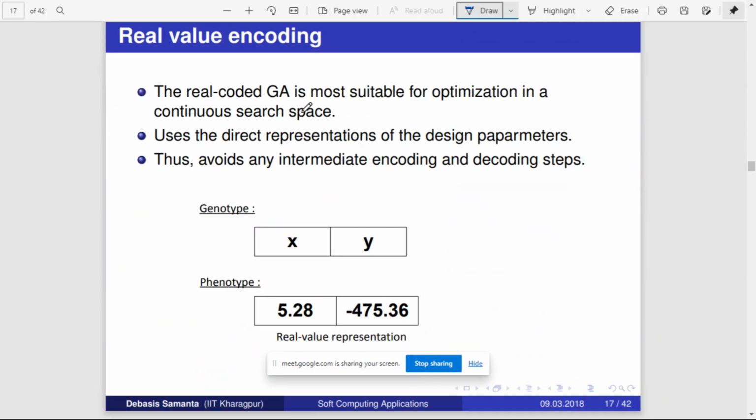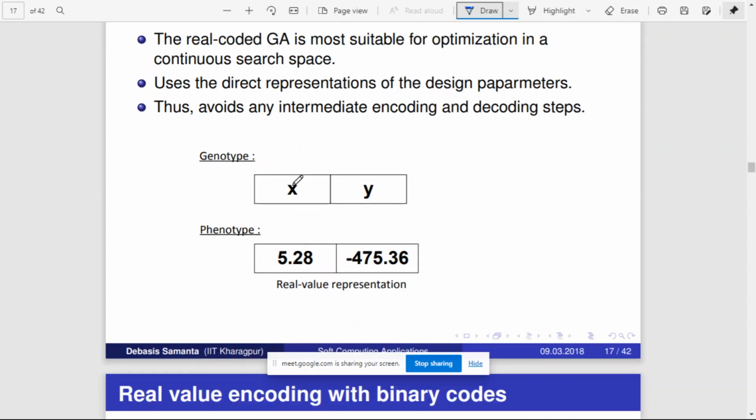Then the next is real value encoding. It is very similar to the binary coded scheme. The only thing is in binary coded scheme we represent binary values, zeros and ones, whereas in real value encoding we represent the attributes with a real value, right? Say for example, a genotype is given like this.